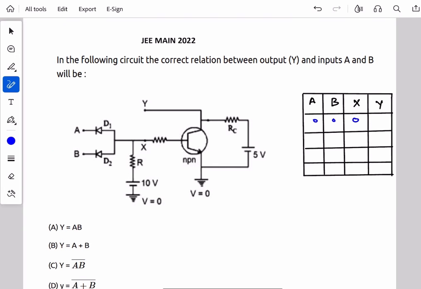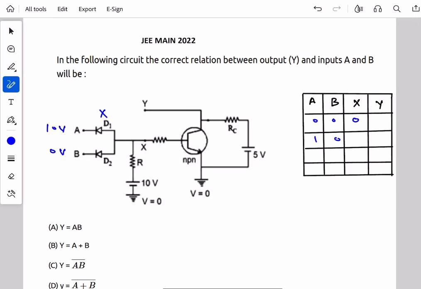Now let us take input A as 1 and input B as 0. So this time input A is at 10 volt and input B is at 0 volt. So diode D1 would be reverse biased and this will behave like an open circuit and current will not flow through it.